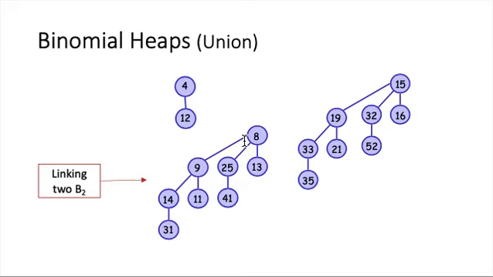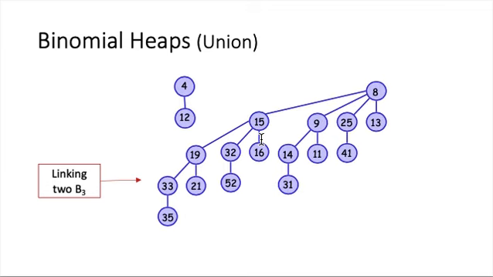After the linking process, we will have this B3 and also another B3 that was originally present. So we link the two B3s together. In that case, 8 will become the new root, and 15 will become the leftmost child of this 8. So we will have this one.